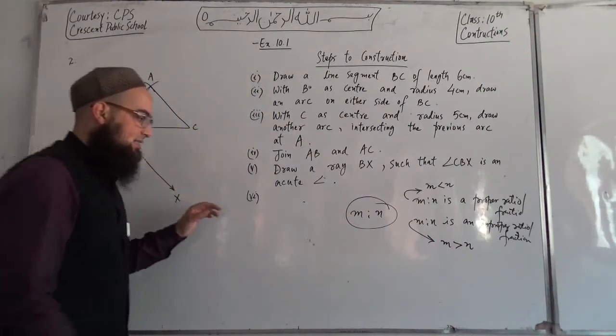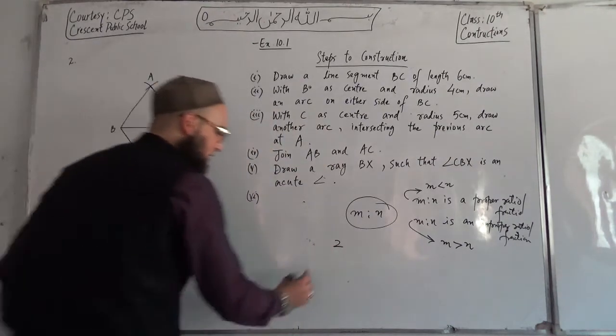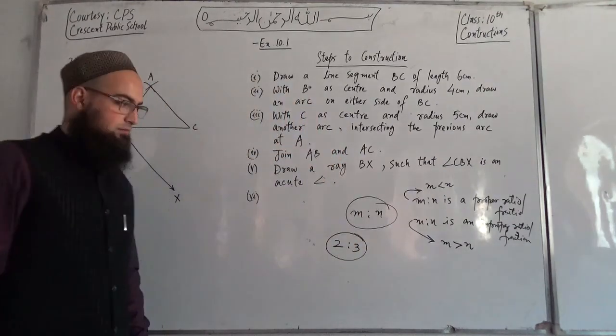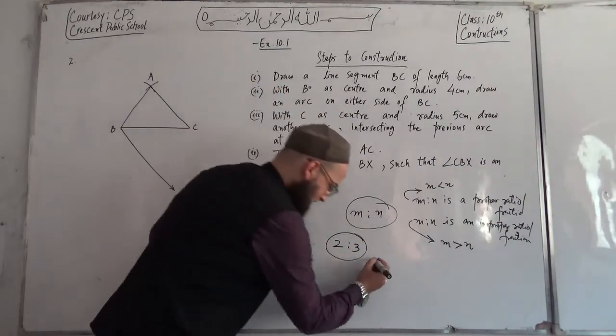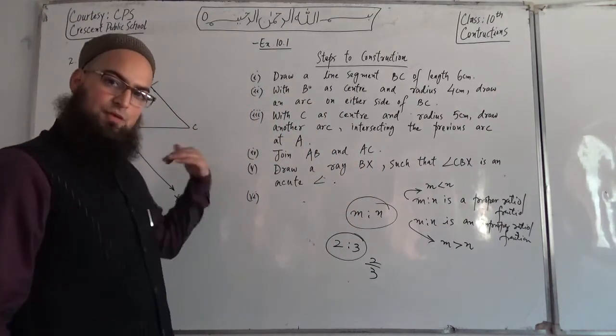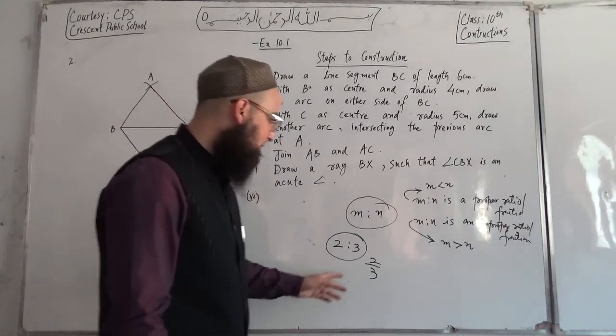Our case is 2:3. 2 by 3 ratio. That means our case is 2:3, or you can say 2 by 3 is our case. The ratio of sides is in the proportion 2:3.